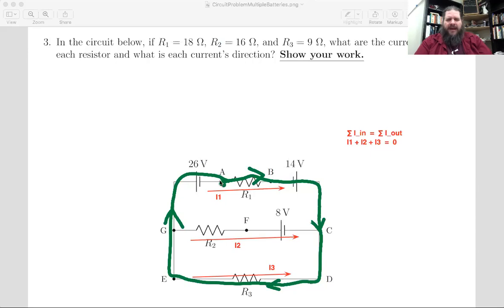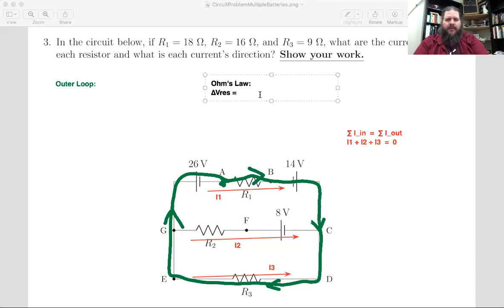So as we go from A around the loop, what things are we encountering? So you have I1 times R1. Although in general, for the delta voltage for any resistor, it's not just I times R. What else do we need in the formula there? If we just go back to Ohm's law, delta V for any resistor is always what formula?